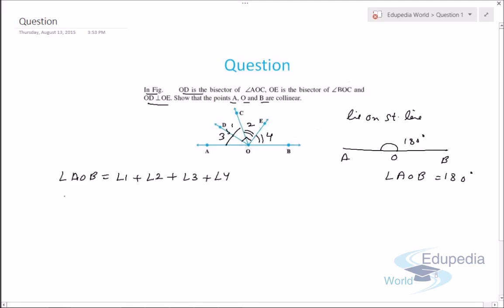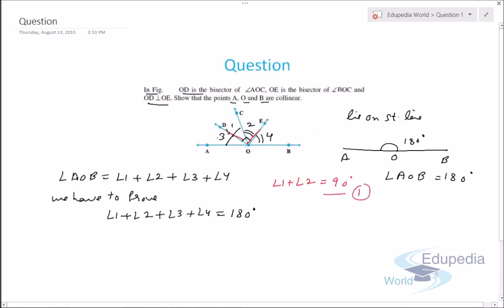We have to prove that angle 1 plus angle 2 plus angle 3 plus angle 4 is 180 degrees. How can we prove that? It's given that OD is perpendicular to OE, which means line OD makes a 90-degree angle with OE. So we can write angle 1 plus angle 2 is 90 degrees. This is our first equation.